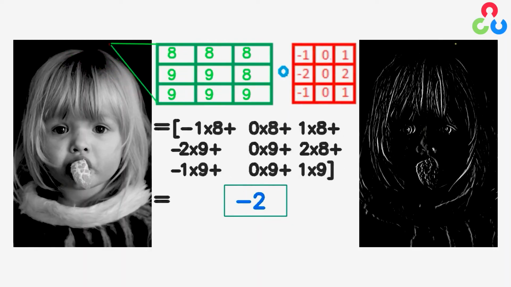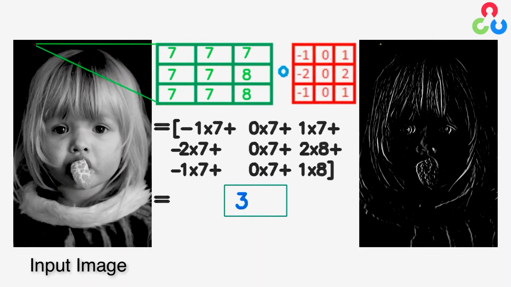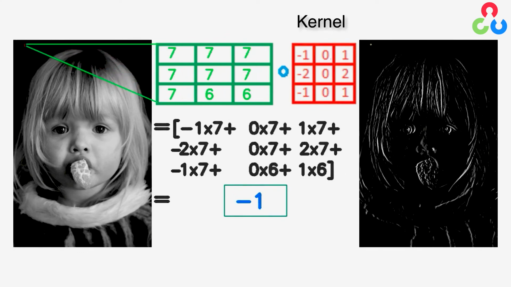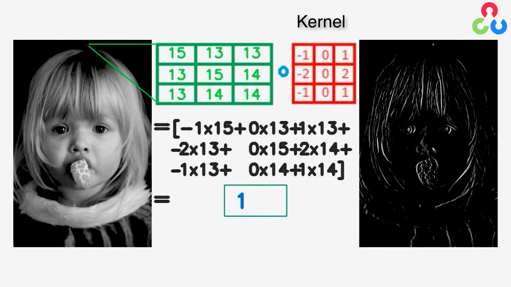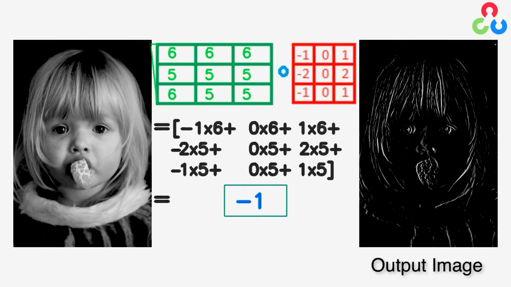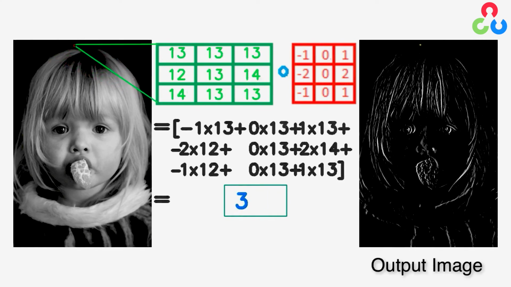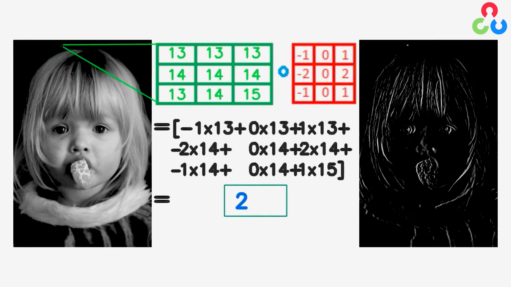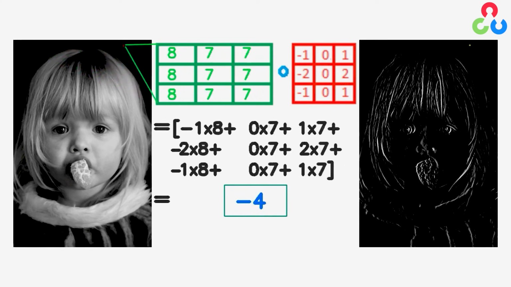To get an intuitive feel why convolution filters are useful, let's apply the convolution filter shown in the red box to this grayscale image. The green box shows a patch of the image where the filter value is being calculated. You may want to pause the video and check out the calculation for convolution operation yourself.